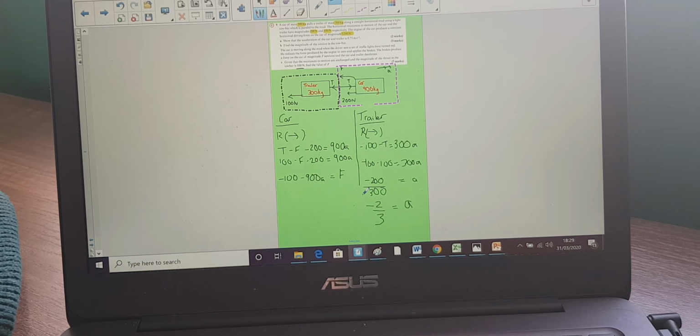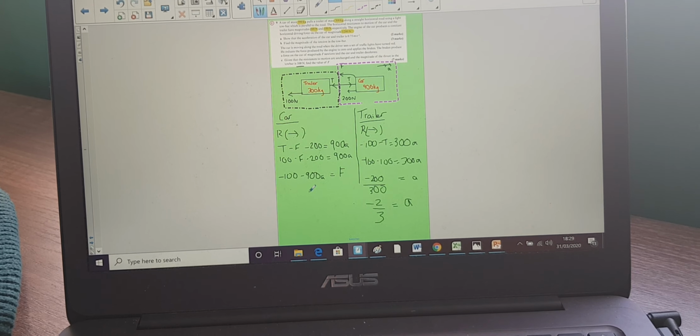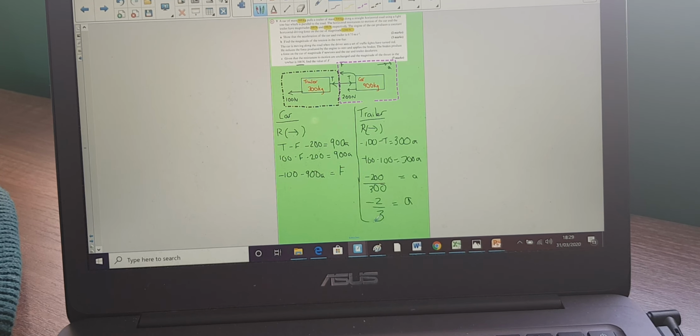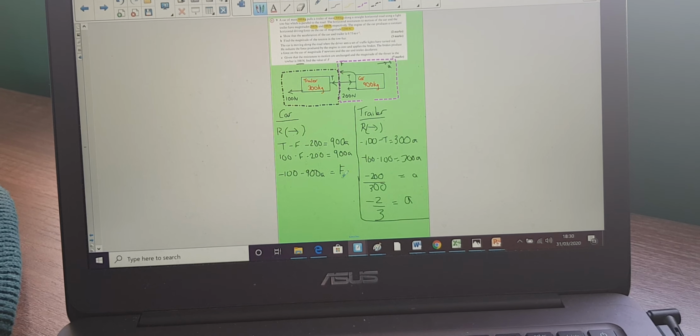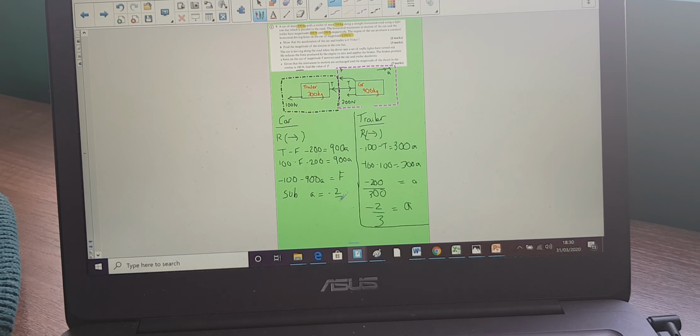2/3 sounds reasonable. Now I've got A, I substitute this value of A into the equation that I had for the car. So now I'm going to substitute A equals minus 2/3. So I've got minus 100 minus 900. Don't get confused with the negatives, you must put them in.